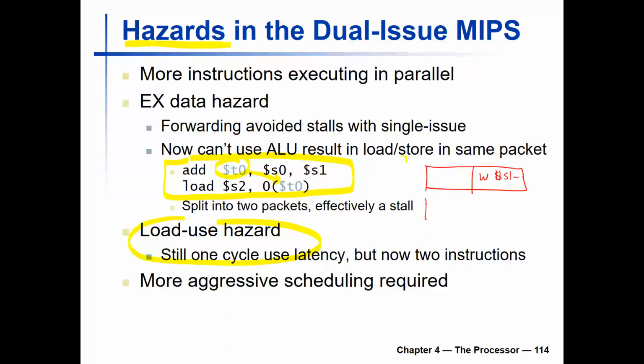You cannot use S1 in the next packet, either here or here, because we know that it will take one cycle bubble. We have studied this in the hazard section. So you can use it rather in the following packet. These are the kind of things the compiler has to worry about.